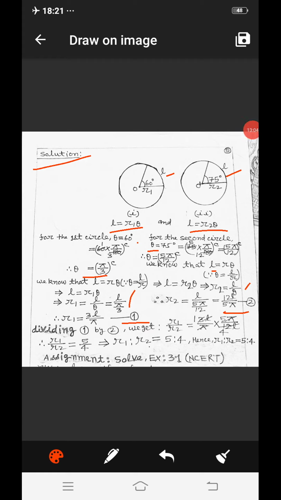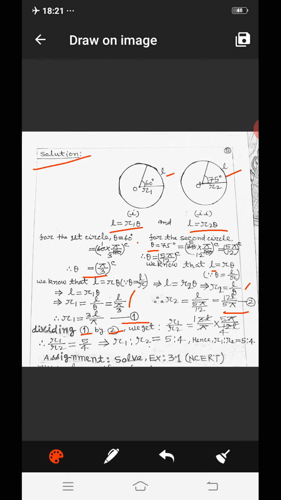Dividing 1 by 2, we get R1 by R2 is equal to 3L by pi by 12L by 5 pi, and this is equal to 3L by pi into 5 pi by 12L.